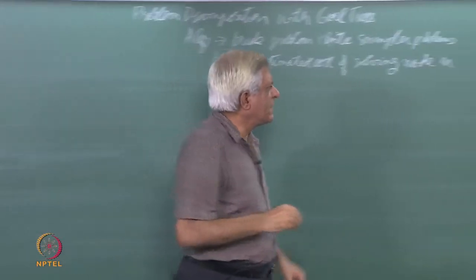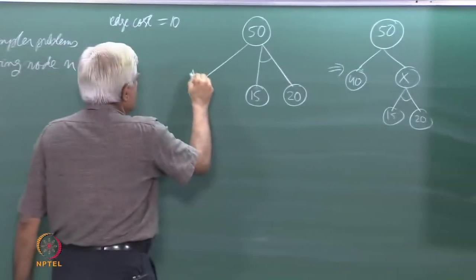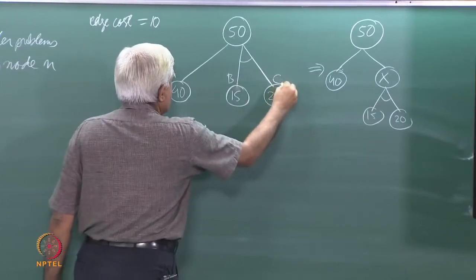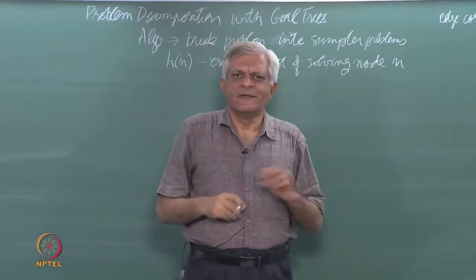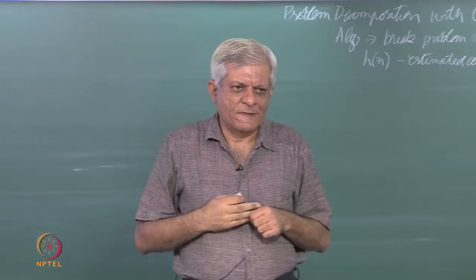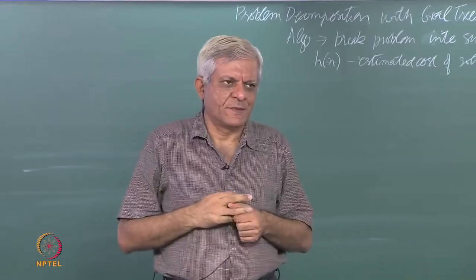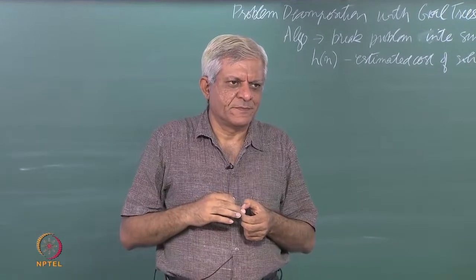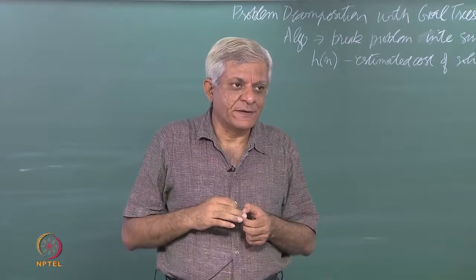So, let me call them A, B and C. This is start node S, we will use similar terminology. So, between A, B and C, which is the next one I should expand? A. Why is it?